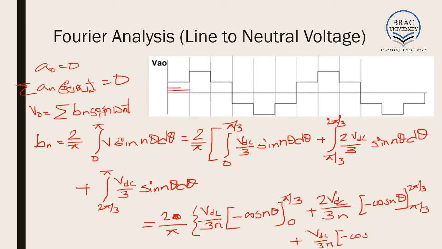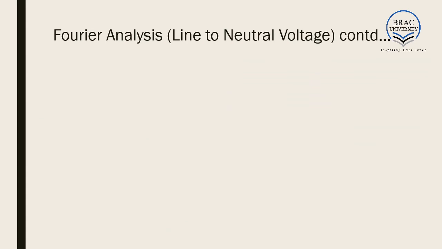Fine. So we are dividing it into 3 components. The first component for the first 60 degrees, the second component for the next 60 degrees, and the third component for the next 60 degrees. Now we have to resolve the 3 components.